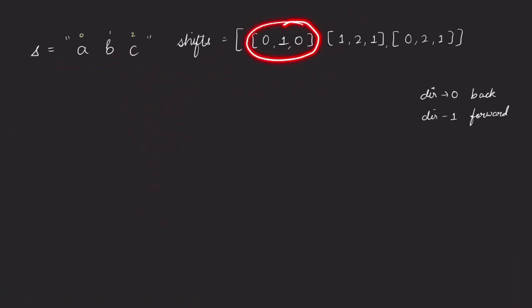So if you see in this particular example, in the first shift we are given left as 0, right as 1. From 0 till 1, we need to move the characters backward. So from 0 to 1, we have A and B, and we will move them backward by 1. So this will become Z and this will become A, and C will remain as is. Then in the next query, the range is from 1 to 2, that is these two characters, and the direction is 1, so we need to move them forward.